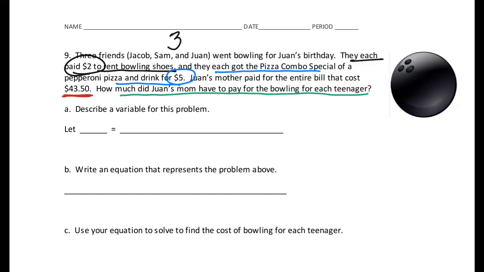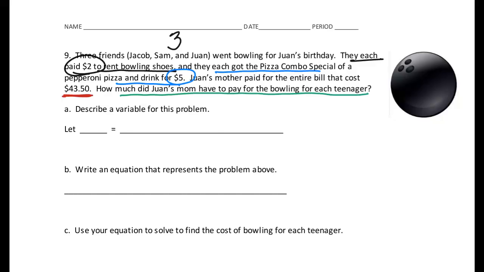First of all, it says A, describe a variable for this problem. What is the part that we don't know? We know how much they paid for shoes, that's $2 each. We know how much they paid for the food, that was $5. What do we not know that we need for this problem? Yeah, for bowling. So what variable should we let that represent? T for bowling.